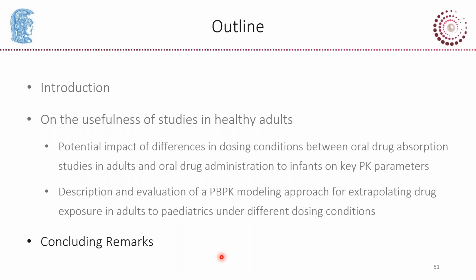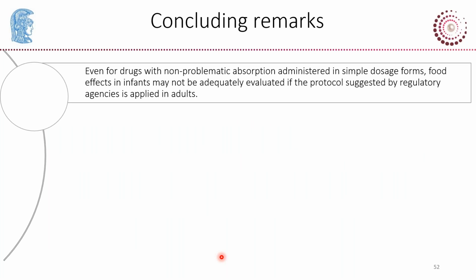Now I will guide you to our concluding remarks, starting with the first conclusion, that even for drugs with non-problematic absorption administered in simple dosage forms, food effects in infants might not be adequately evaluated if the protocol suggested by regulatory agencies is applied in adults.